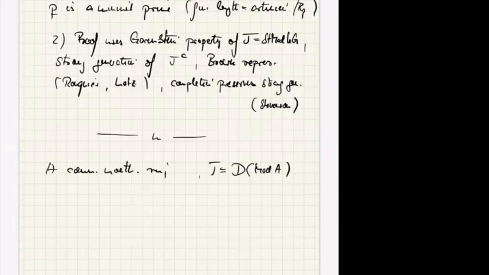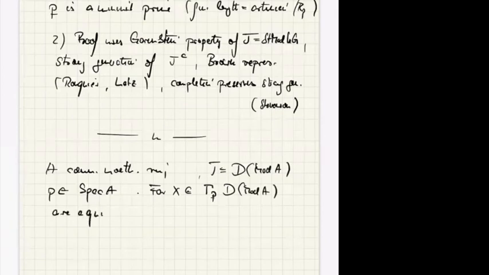Then we take p a prime ideal, and for X in this p-local p-torsion category, the following are equivalent.